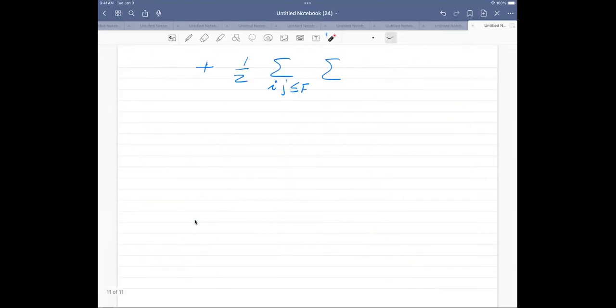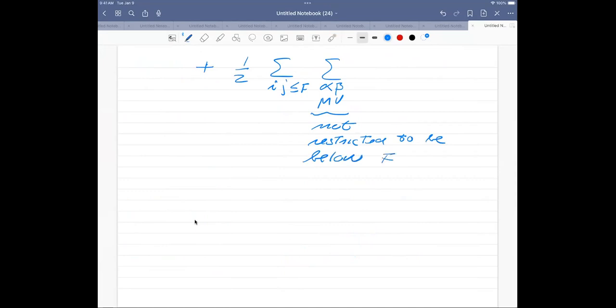And when I do this change now, I need a sum over alpha and beta and mu and gamma. So these are not restricted, and in principle they run up to infinity. So I'm going to get a coefficient which goes like C_i alpha, complex conjugate, C_j beta, complex conjugate.